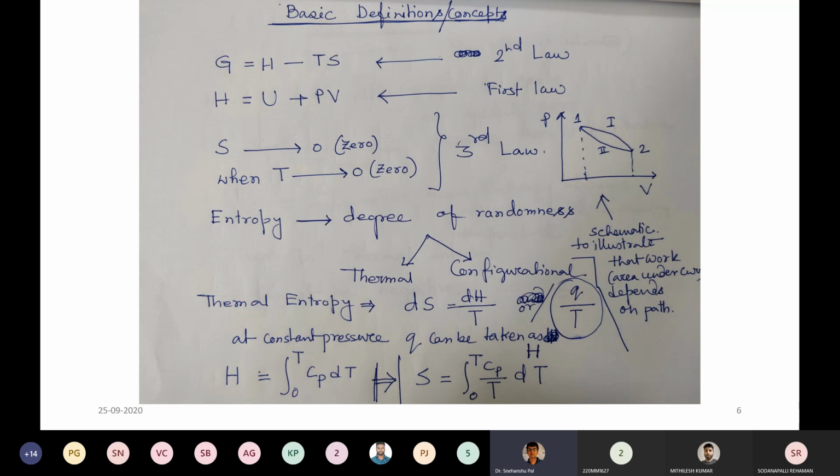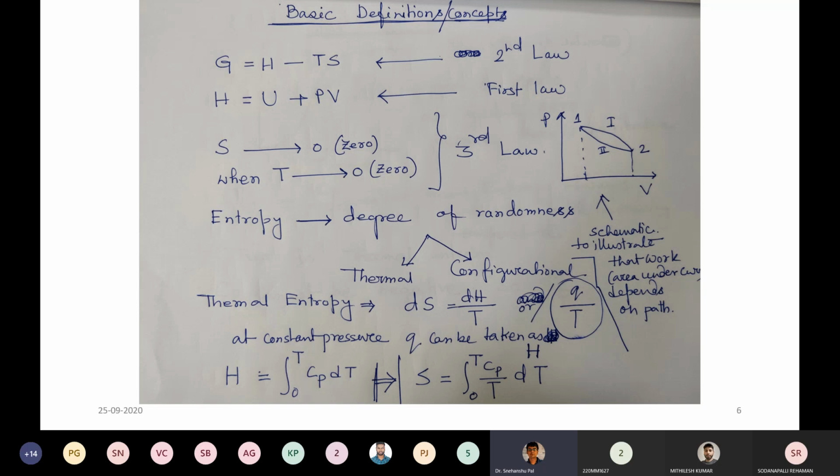And if you see in this form, H equals U plus PV. What is H? H is enthalpy, U is internal energy, and P and V, pressure into volume, is work done. Now here, U is a state function. And what about the work done? If you go by path 1 and path 2, different paths, the work done will be different.